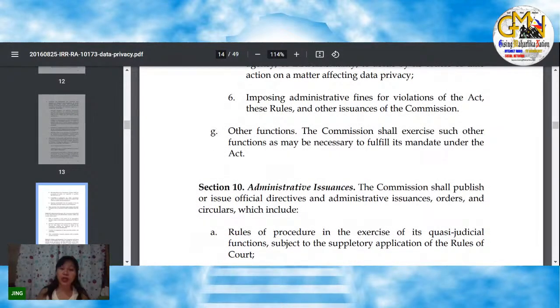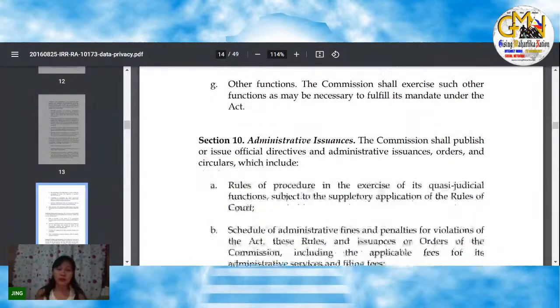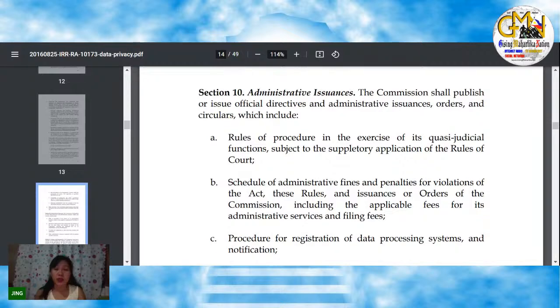Okay, letter G, other functions. The Commission shall exercise such other functions as may be necessary to fulfill its mandate under the Act. Section 10. Administrative Issuances. The Commission shall publish or issue official directives and administrative issuances, orders, and circulars which include: a.